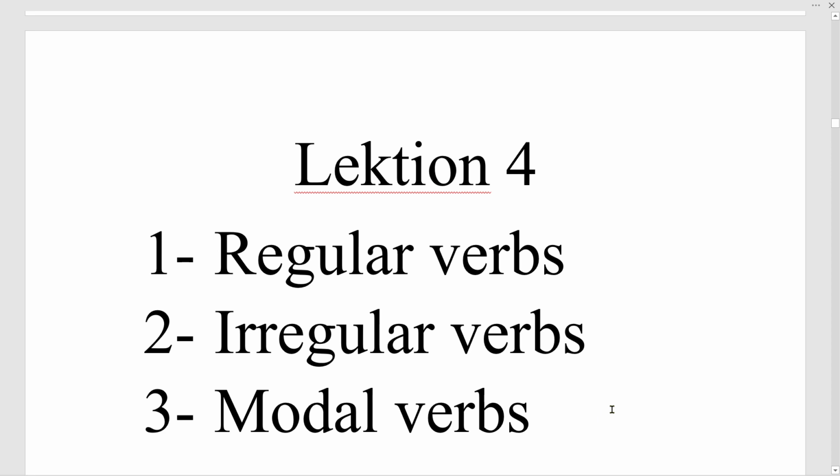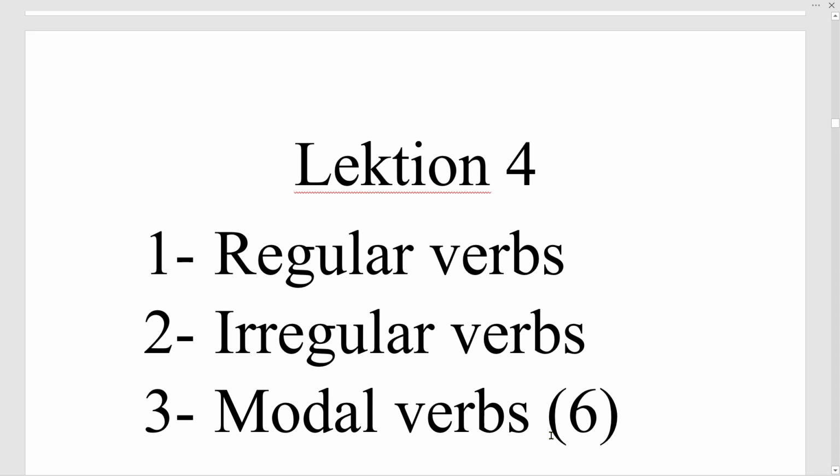Basically, these are the 3 categories of verbs we have in German, and we need to understand which one is which. But the good news is, when it comes to modal verbs, there are no more than 6 of them. So this is something very promising about the modal verbs in German.